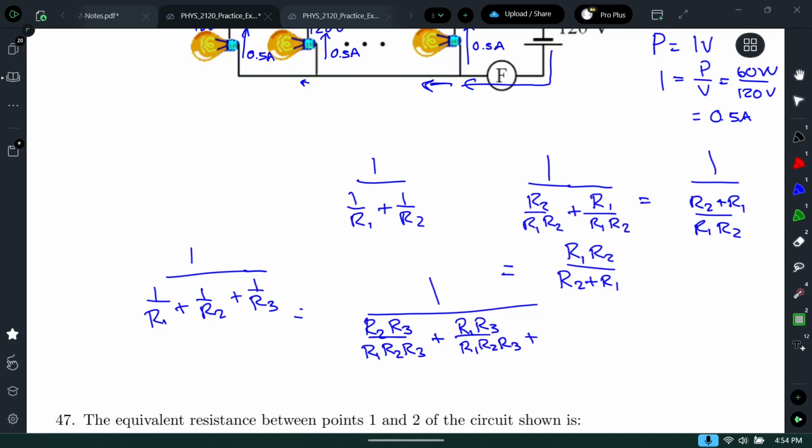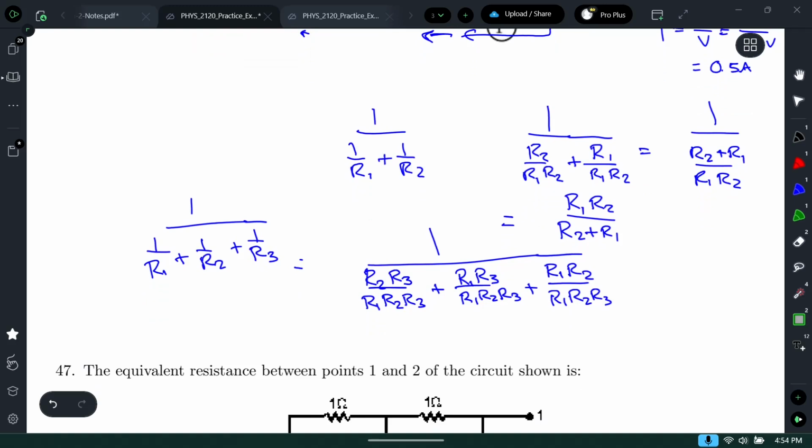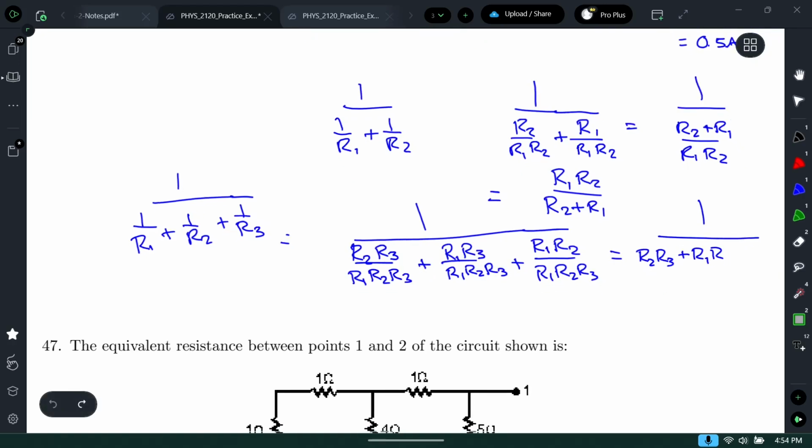And then the third one by R1, R2. And then you have the common denominator, but I think you can see it's a little rough. R1, R3 plus R1, R2 all over R1, R2, R3.